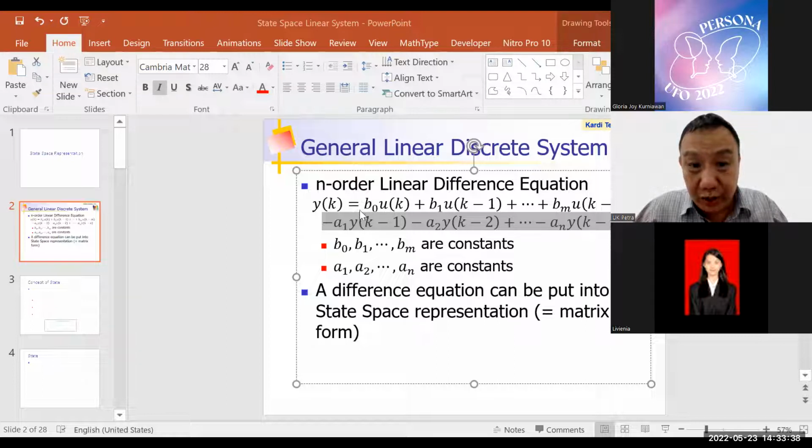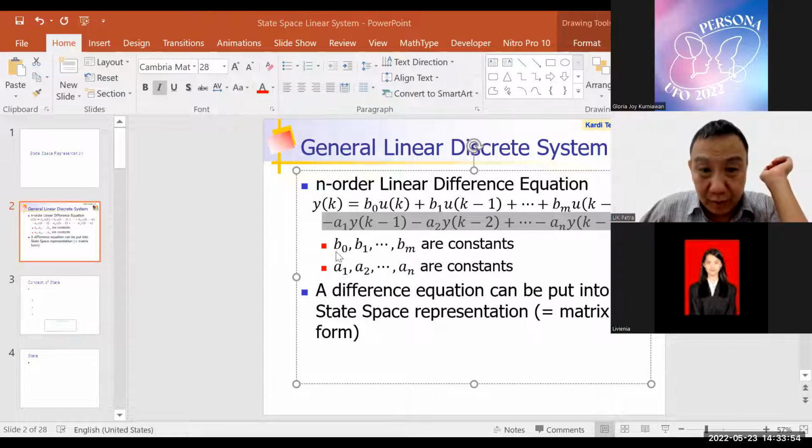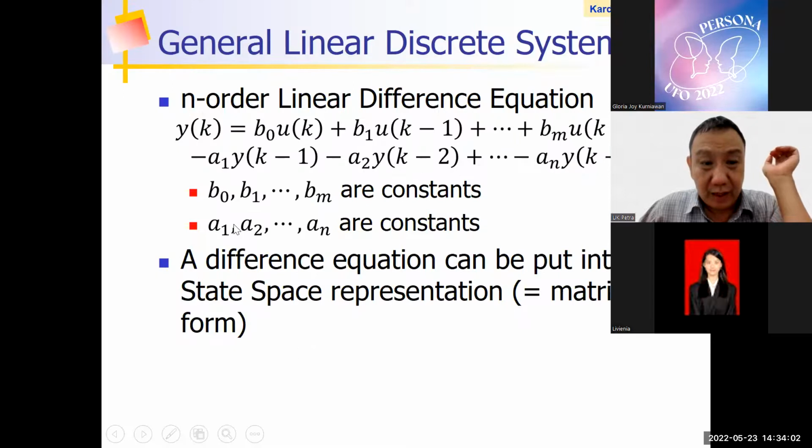So the u here represents the force, and this is the system that you have. B0, B1 up to Bm are constants. A1, A2 until An are also constants.